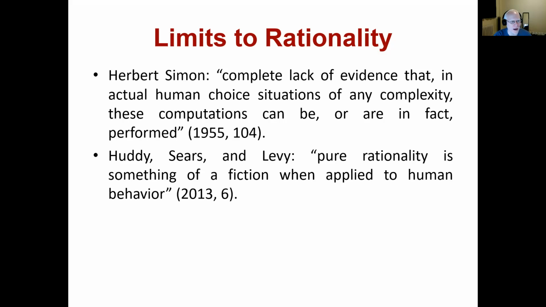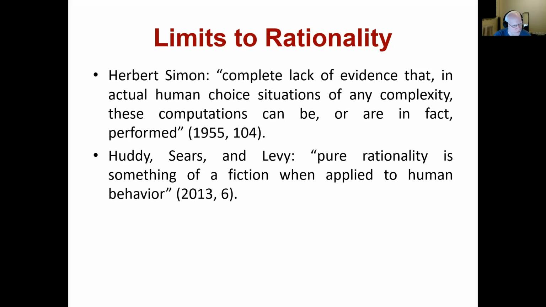He says there's a complete lack of evidence that in actual human choice situations of any complexity, these computations suggested by rational actor models can be or are in fact performed, right? So people, when they're making decisions, not only do they not make the calculations that are suggested by the rational actor model, the expected utility model, but they don't even act as if they had.